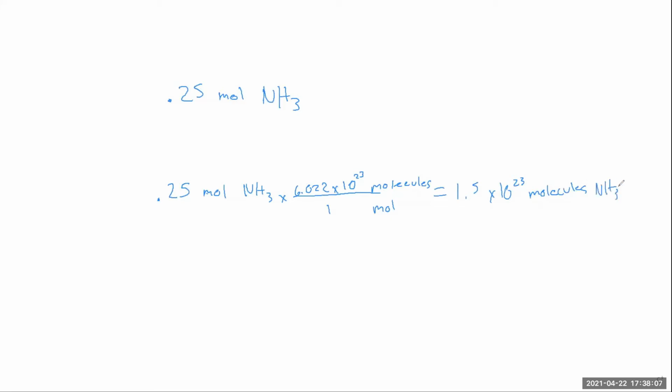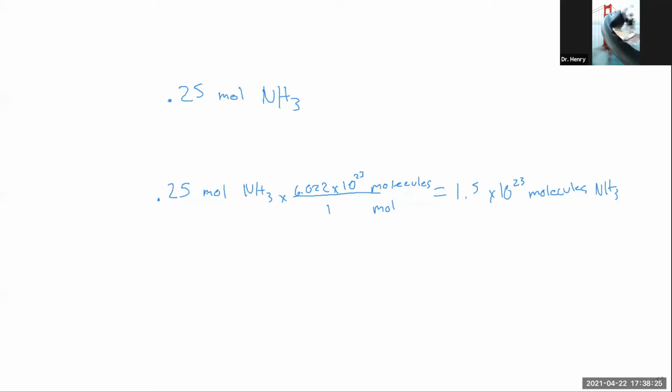So if you notice, new concept, we're working with Avogadro's number of molecules, but it's set on the same stuff that we were learning earlier in the semester. So it's still dimensional analysis.